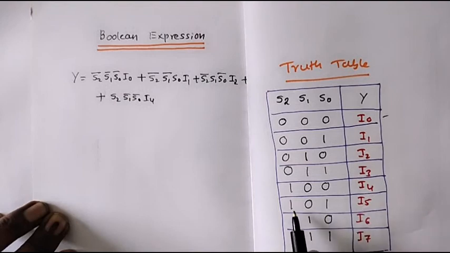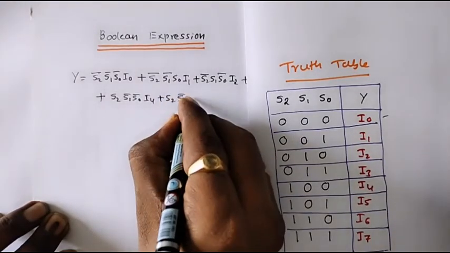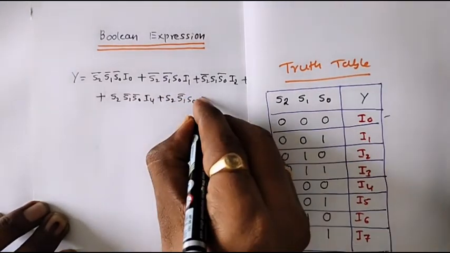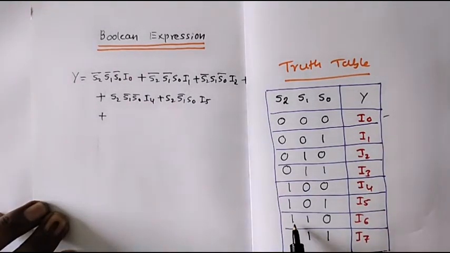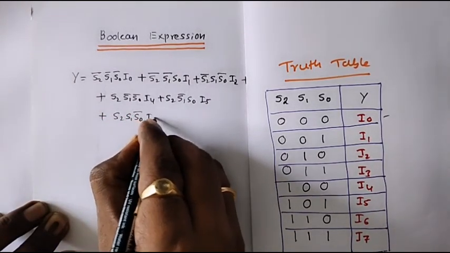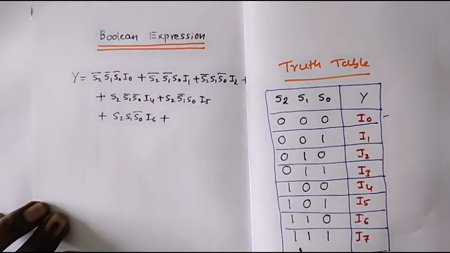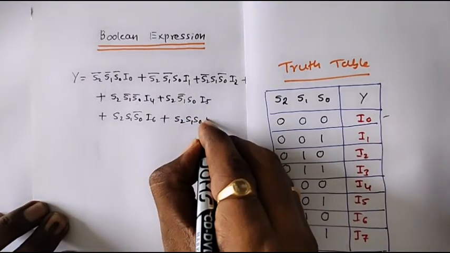For I5 it is S2, S1 bar, S0, I5, plus for I6 it is S2, S1, S0 bar, I6, plus the last term is S2, S1, S0, I7.